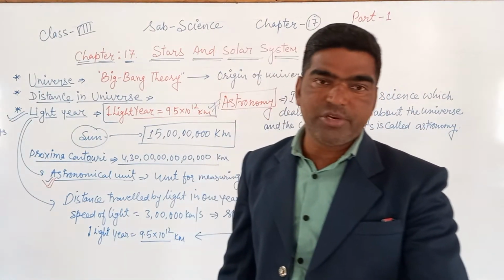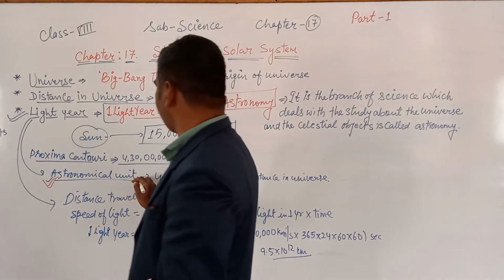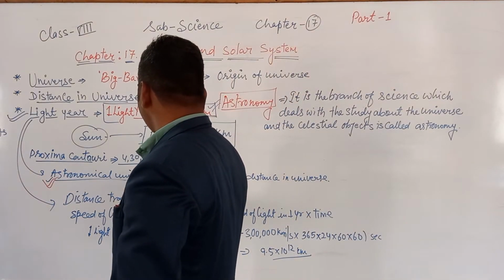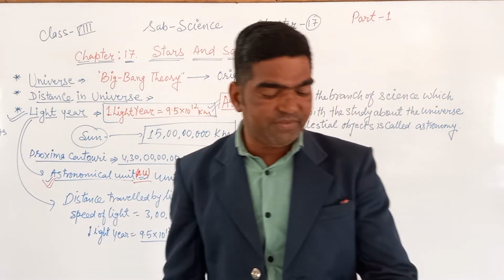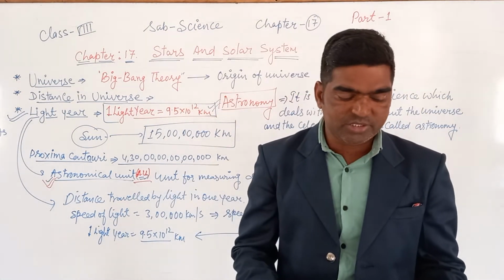The astronomical unit, in short also known as AU, is roughly the distance from the Earth to the Sun.